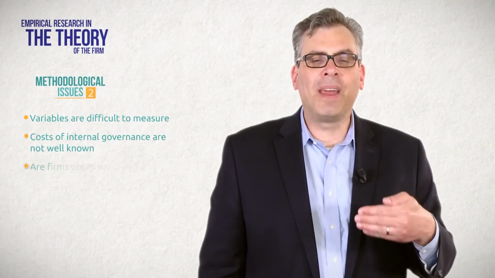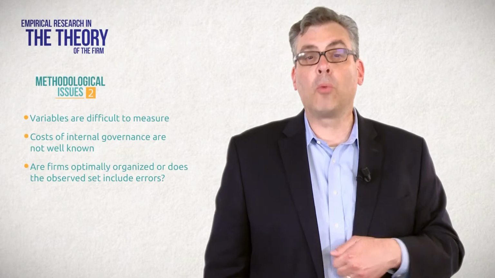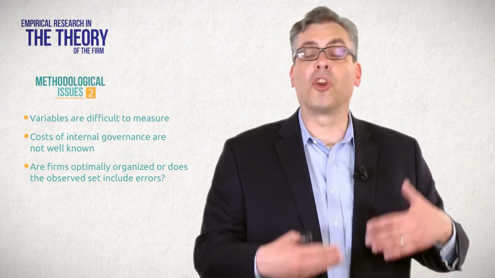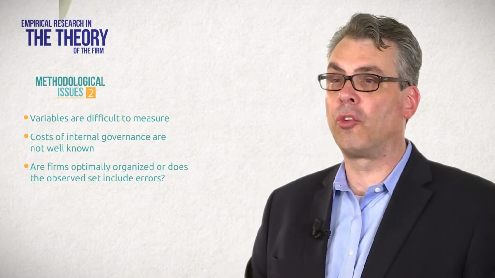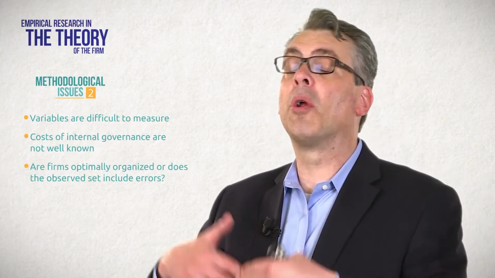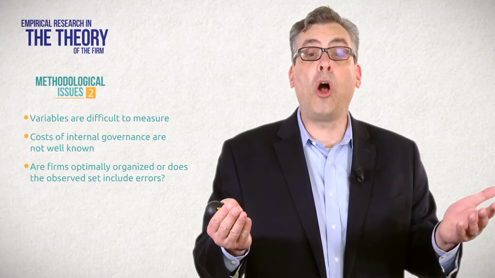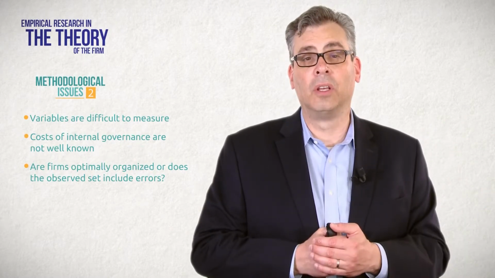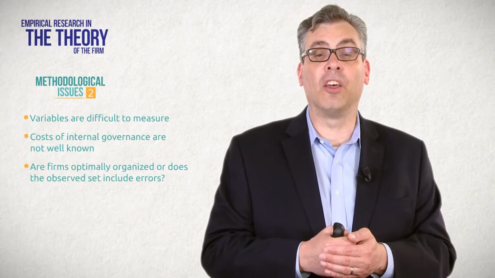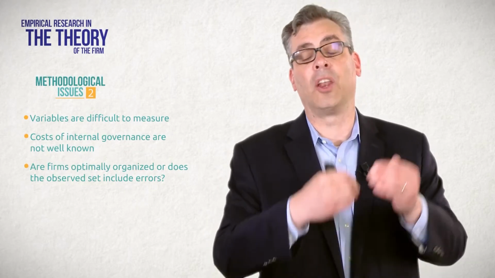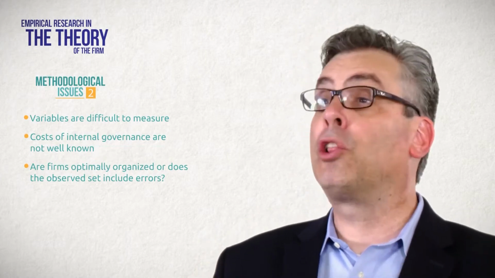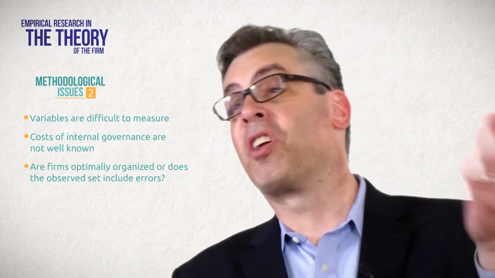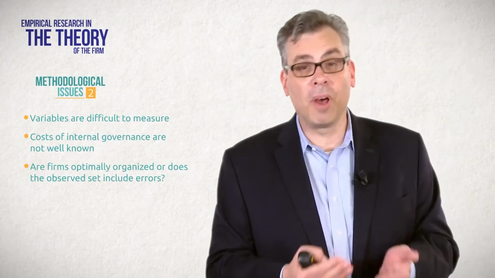Third, there's a fundamental methodological problem that when we observe a sample of firms that are organized in one way or another, and we try to explain the choice of organizational form in terms of some underlying characteristics, we don't know if we are observing a set of firms, all of which are optimally organized, in which case we can explain the relationship between these attributes and organizational form, or if we're looking at a sample of firms that includes errors, firms that are vertically integrated when they really shouldn't be, but are.